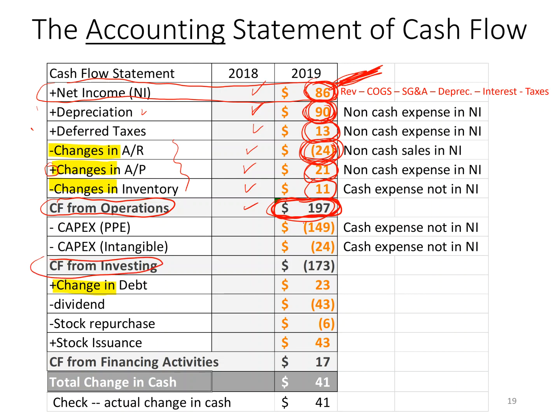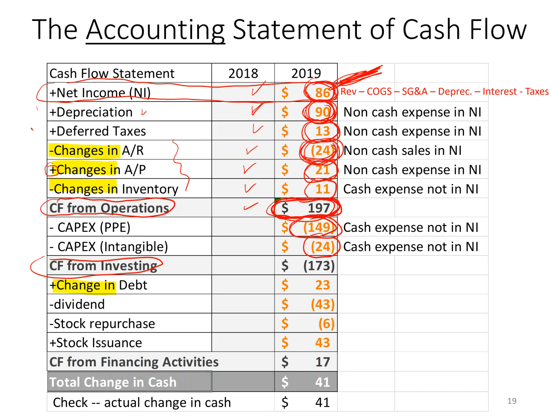The next category, cash flows from investing. All I need to do is subtract CapEx. So the purchase of a delivery van in 2019 would show up here. That would be the increase in the PP&E number at cost. And I also subtract any intangible CapEx, so any purchase of, say, copyrights or something like that.